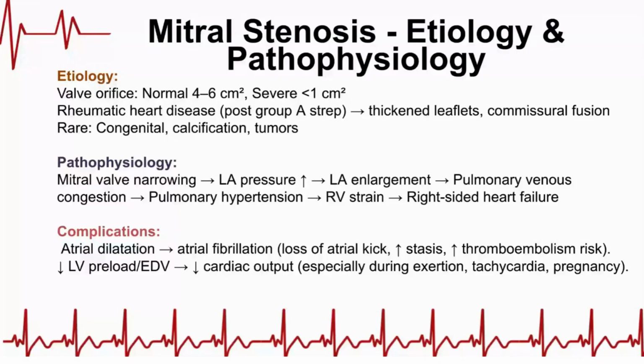This increases the left atrial pressure. Blood is coming into the left atria, and because the mitral valve is not opening properly, more and more blood goes in there, increasing the intra-atrial pressure. And in order to push through the mitral valve, the left atria undergoes some hypertrophic changes.